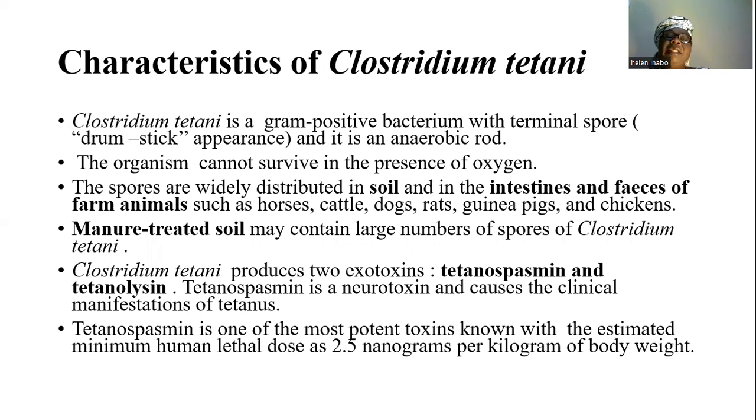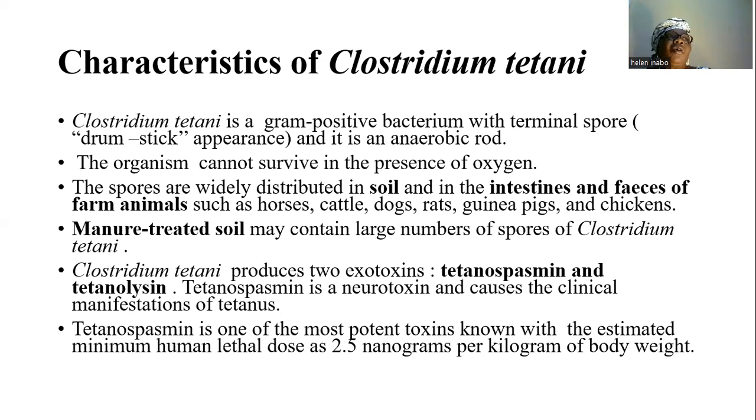It means the organism cannot survive in the presence of oxygen. It requires complete absence of oxygen in order to grow and for the spores to germinate and produce this powerful or potent neurotoxin.